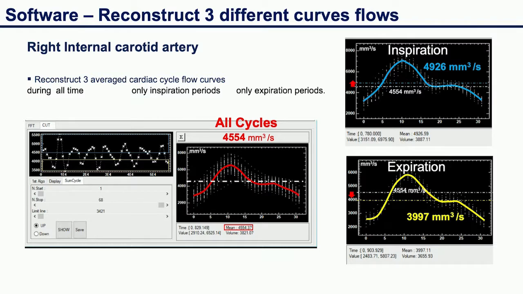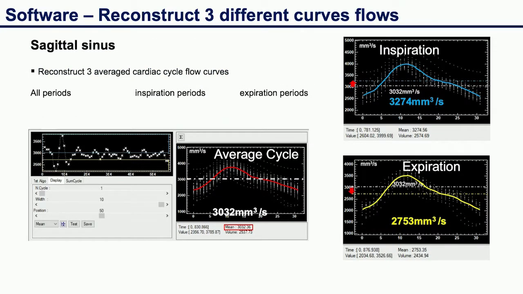Easily, it is also possible to reconstruct the normal flow curve from all the cardiac cycles acquired in the volunteers. We can do it on the sinuses, like we have done in the arteries.